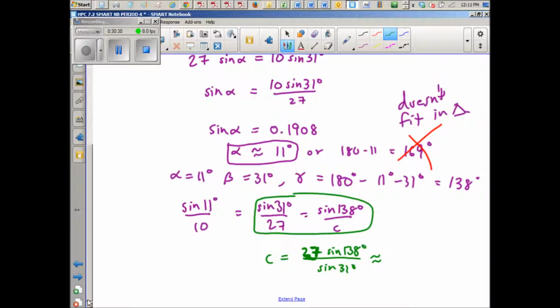What does c turn out to be there? Let's see, 27 sine 138, all divided by sine 31. I'm getting 35.08. And that was my last unknown.